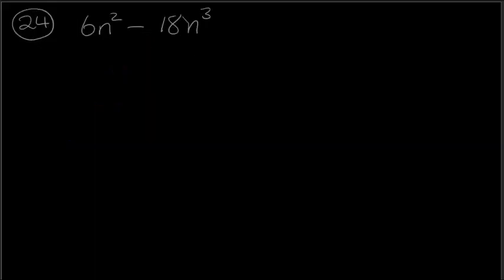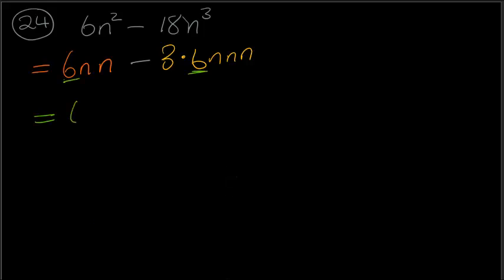Question 24, 6 and 18. 6 goes into 18, so I'm going to say 6nn minus, my 18 is going to be 3 times 6, n. My common factors are going to be 6 and 6, n.